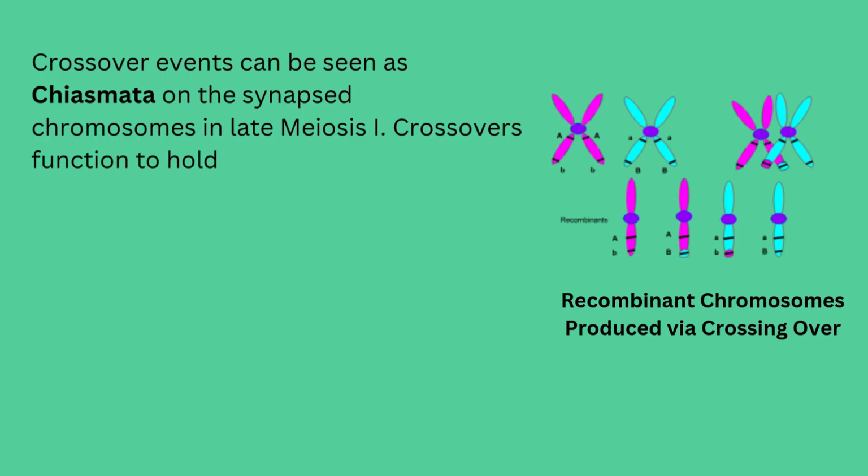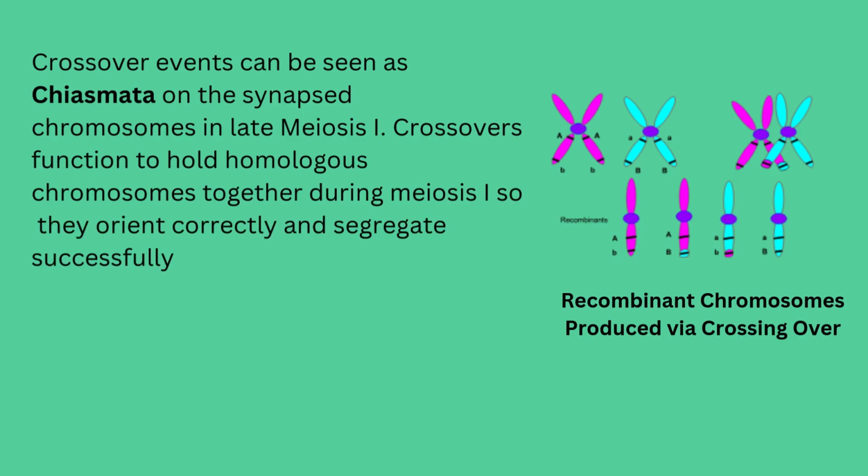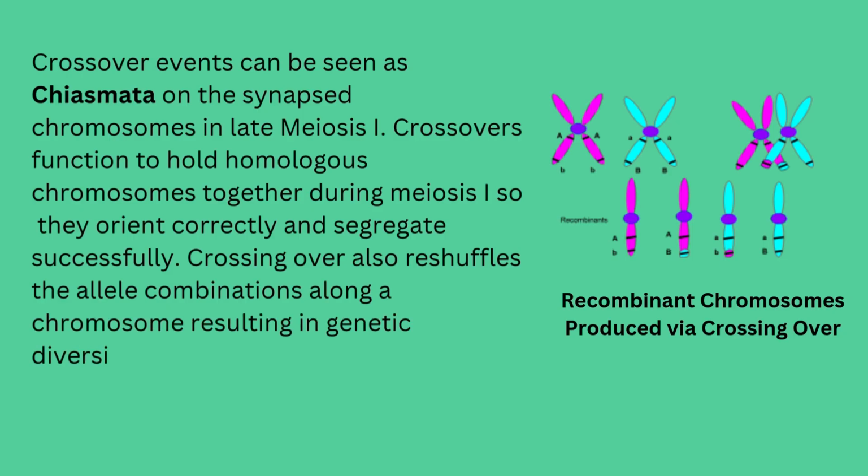Crossover functions to hold the homologous chromosomes together during meiosis 1 so they can orient correctly and segregate successfully. Crossing over also reshuffles the allele combinations along the chromosome, resulting in genetic diversity that can be selected in a population over time.